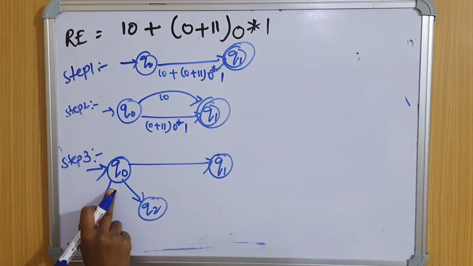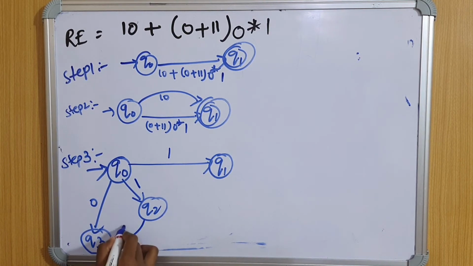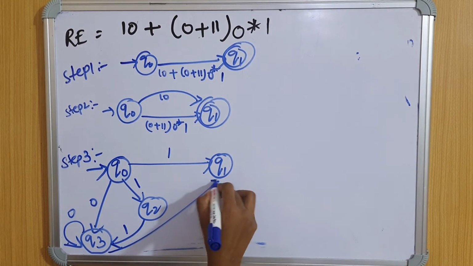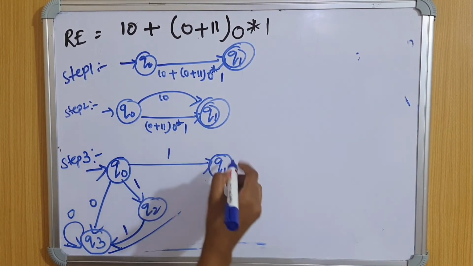Q0 on 1 goes to Q1. Then here 1, 1 and 0. Next Q3 goes on 0, 1.